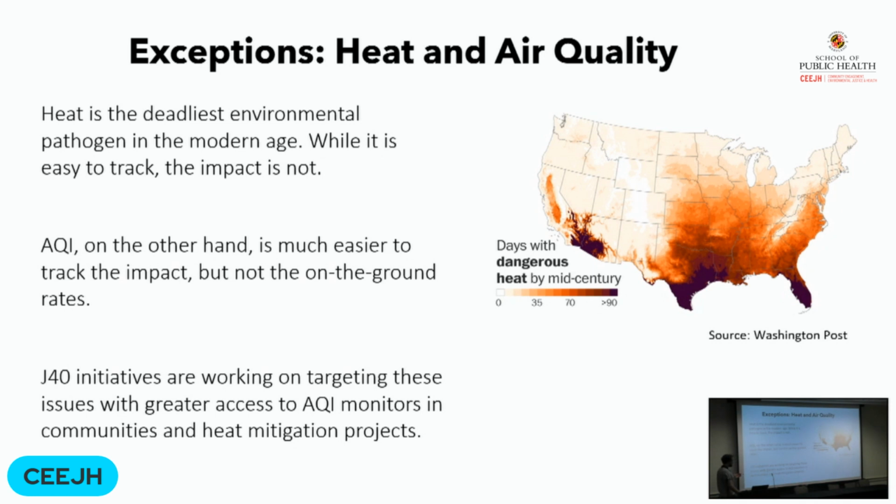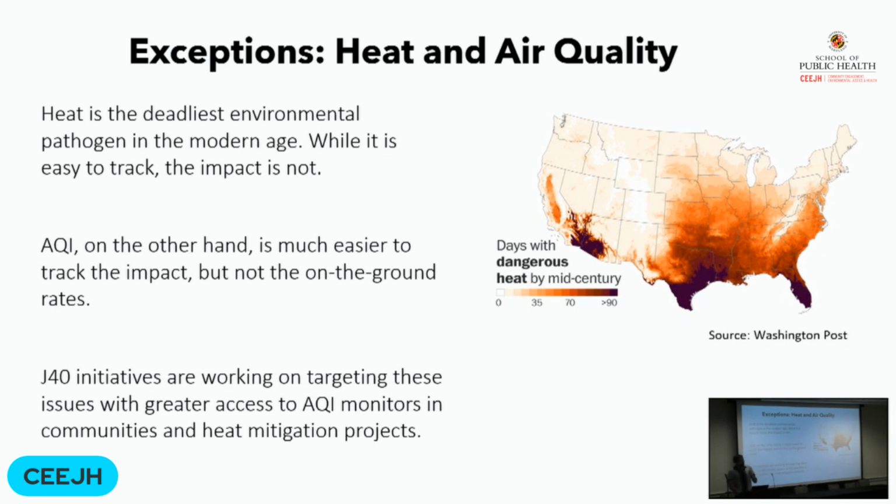Now, on the flip side of that is AQI, or your air quality index. Air quality has a really noticeable impact. If you have a large population of children who are developing asthma, you can pretty confidently say that the reason this large group of children in this area are developing asthma is because of the poor air quality.